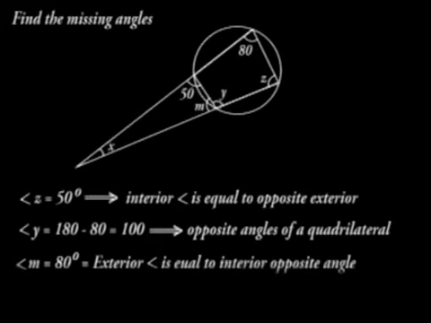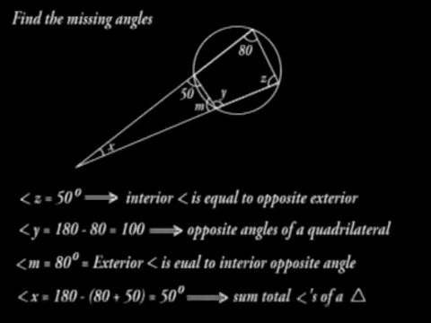That is opposite angles of a quadrilateral. Angle M is 80 degrees. Exterior angle is equal to interior opposite angle. And finally, angle X is 180 minus (80 plus 50), it is 50, from the fact that it is the sum total of angles of a triangle.